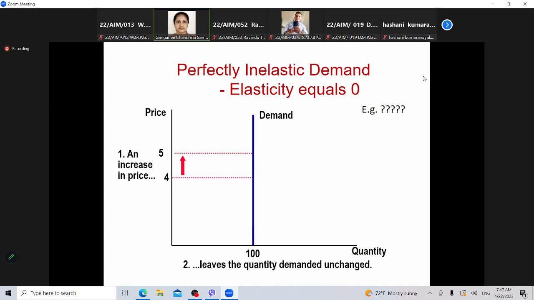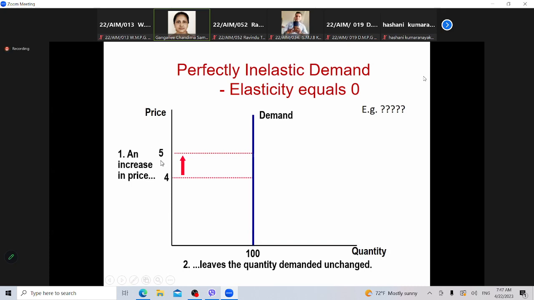Then you can see clearly quantity demanded is unchanged. Even though price is increased from 4 to 5, the level of quantity demanded is unchanged. Let's say in the opposite direction, just hypothetical values, from 5 to 4, it has decreased. Even though it is increased, even though it is decreased, you can clearly see no change in quantity demanded.